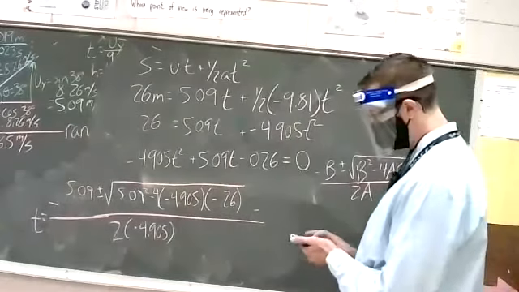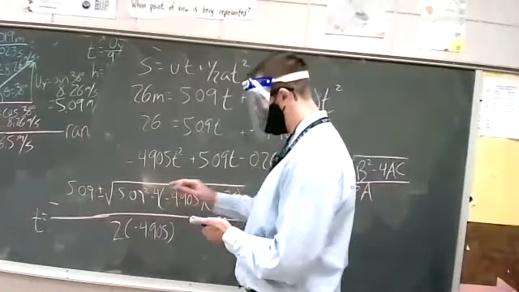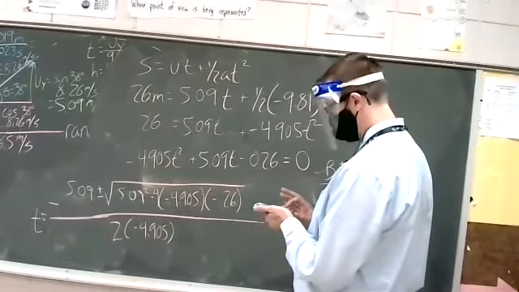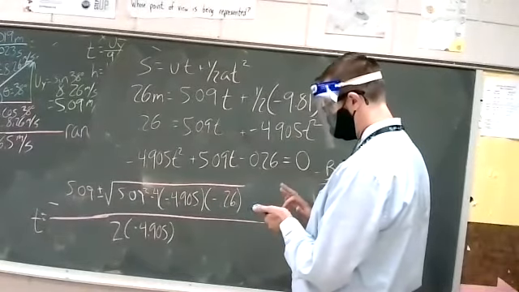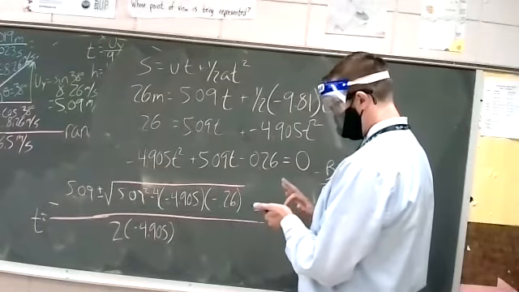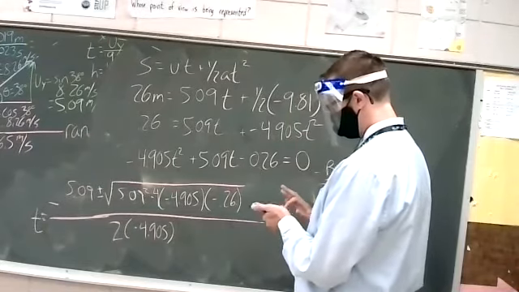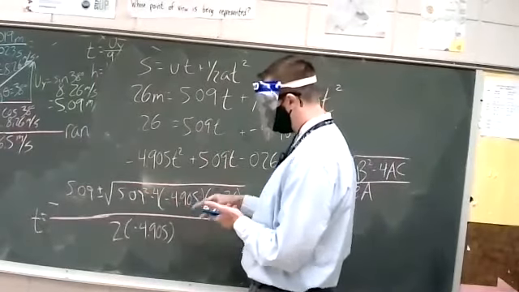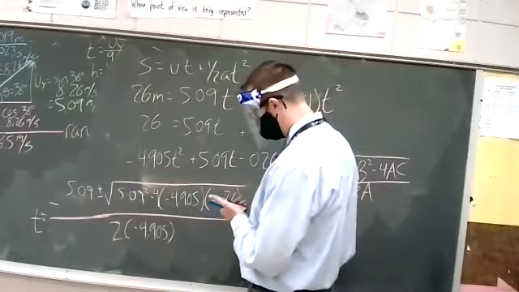Got to start underneath the radical here, so I've got 5.09 squared minus 4 times 4.905 times 0.26. Because they're both negative, I just know that my multiplying is positive, but I'm subtracting this whole quantity.